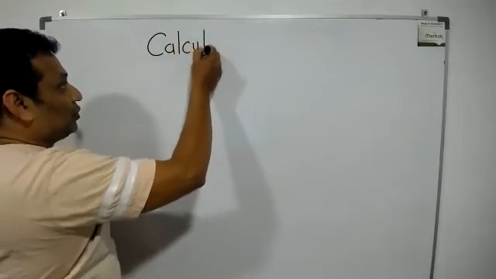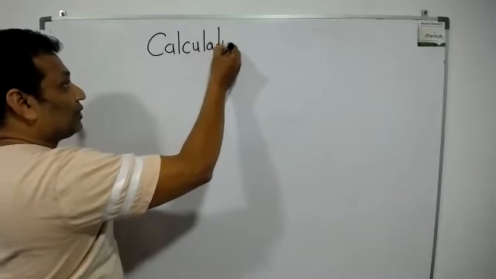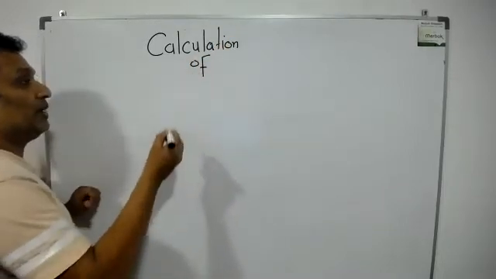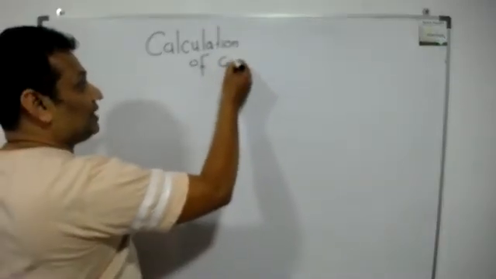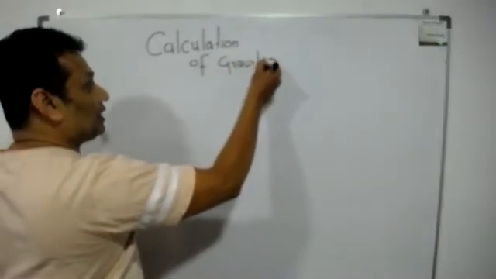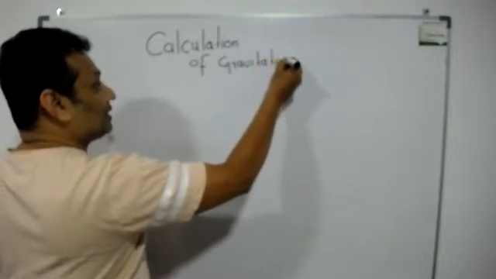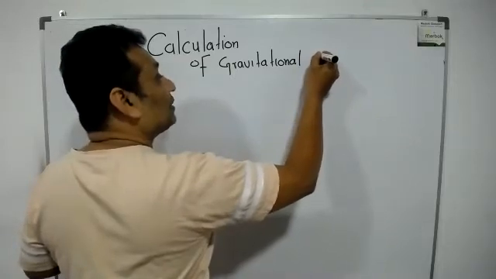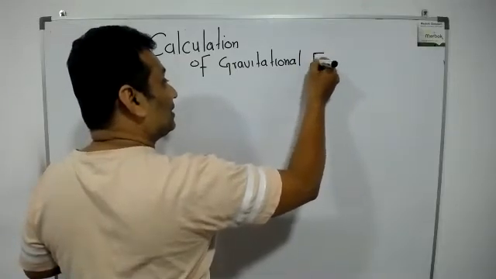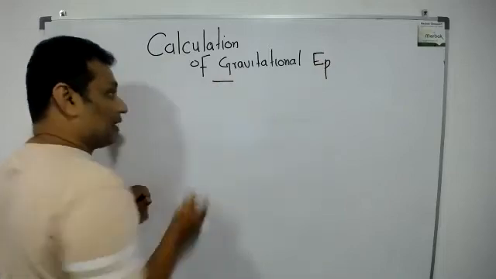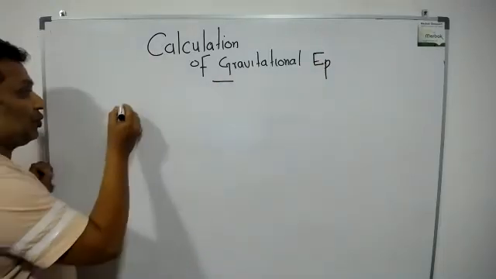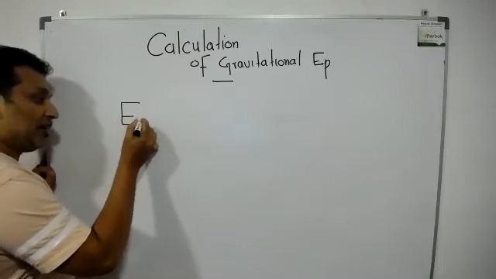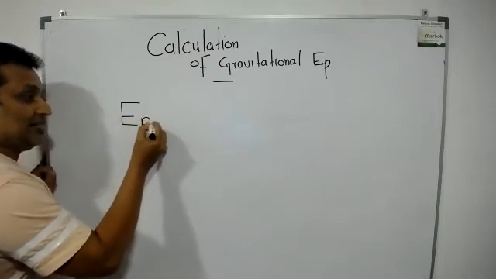We are going to calculate gravitational potential energy. If you want to calculate EP due to the height, this is the formula.